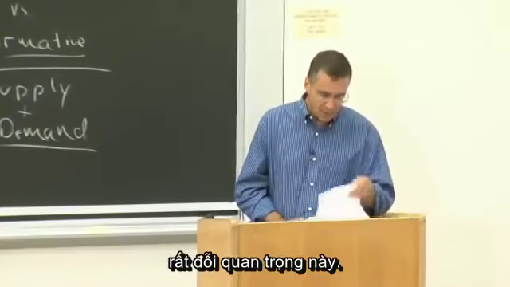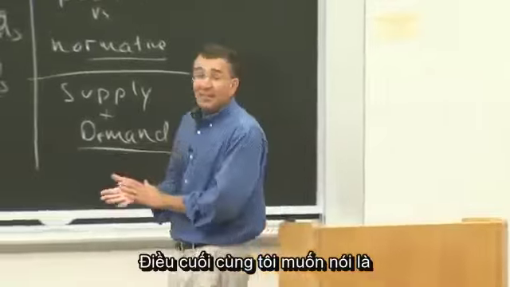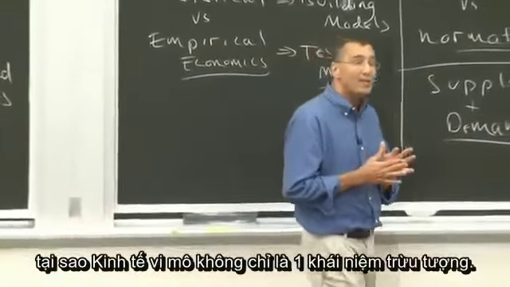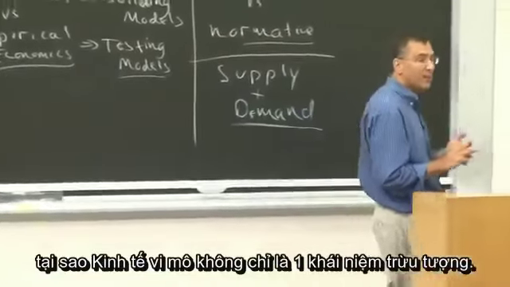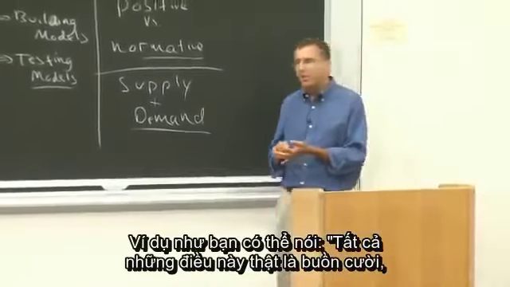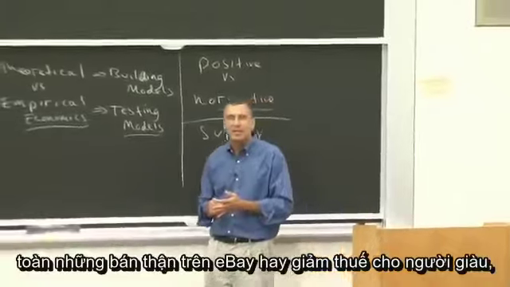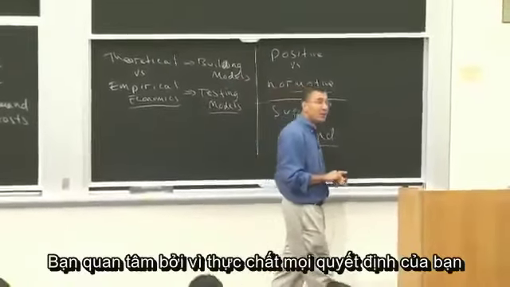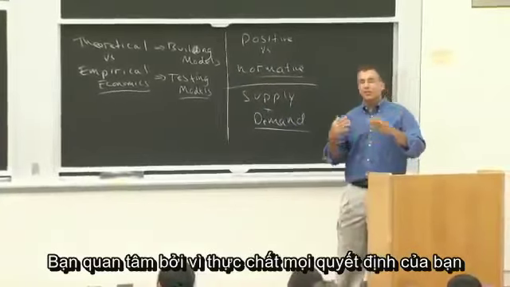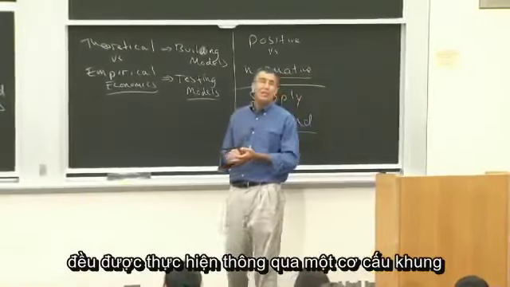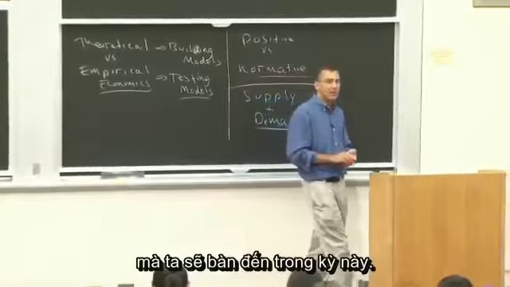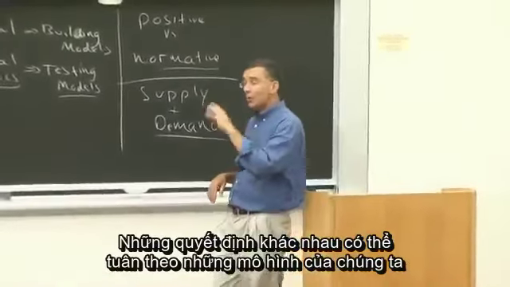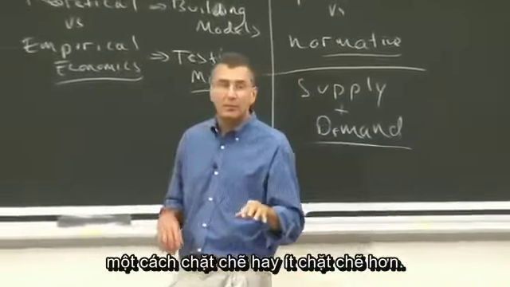Okay. The last thing I want to talk about is why micro is not just an abstract concept. You might say, oh, this is all pretty funny, selling kidneys on eBay and tax cuts for the rich, and why do I care? Well, you care because literally every decision you make is made through the kind of framework we're going to think about this semester. Now, different decisions may follow our models more closely and less closely.